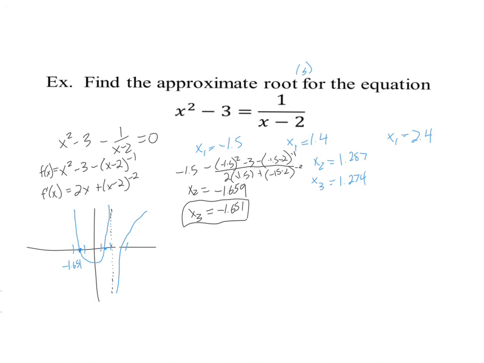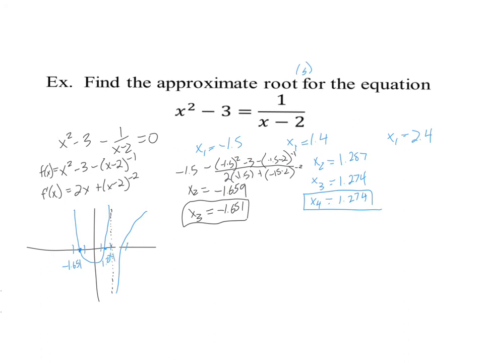Let's try it one more time. You can see my estimate of 1.4 was a little bit too big. It was closer to 1.3, but it doesn't matter. We're getting there eventually. If I do it one more time, we should be good. We're getting 1.2738. If we round it off to 3 decimal places again, it would be 1.274. So that's our second one in the graph.